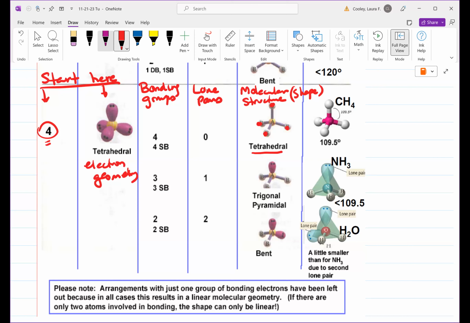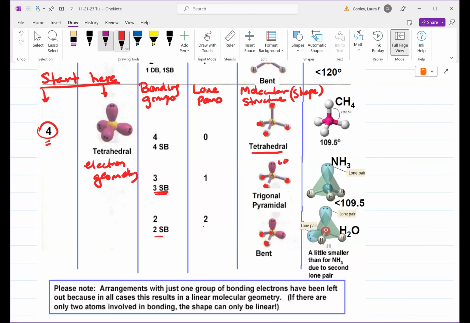You can have a trigonal pyramidal geometry with an atom at the end of just 3. In other words, you have 3 single bonds and you have a lone pair here, which doesn't really contribute to the molecular structure. And then if you have 2 lone pairs and 2 bonds, you can have the bent shape right there, as in H2O.